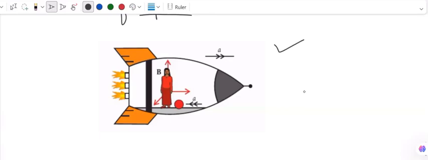Which Newton's law has been applied over here? This will be the third law. Every action has an equal and opposite reaction. So that has been applied over the rocket. Why would it be applied over the ball? The rocket is moving in the right hand direction, so because of air resistance, it will push it in the backward direction, right?